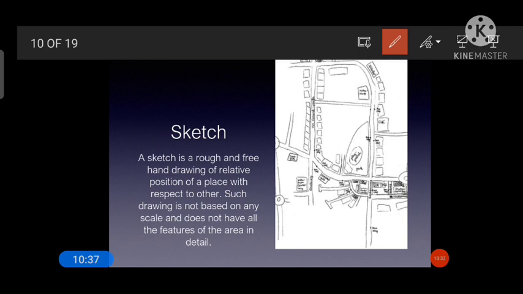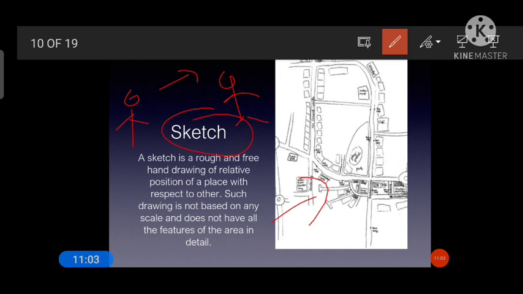So a sketch is simply a rough drawing. You can see here it is simply a rough drawing. A person is asking his friend to make a sketch of his nearest market, or a person is asking for his friend's location in the form of a sketch.